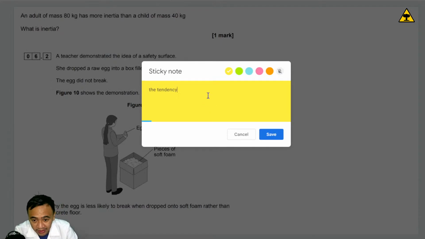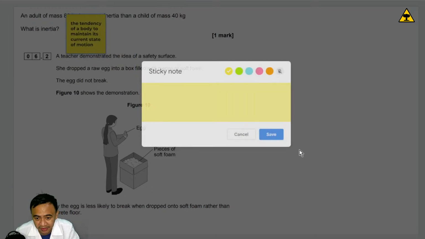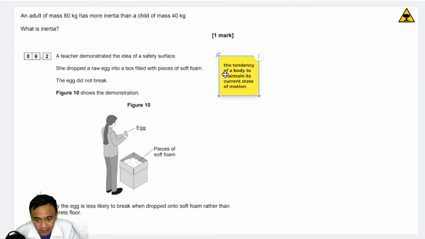Then I would say it like this: tendency of a body or an object to maintain its current state of motion. Again, because it's a definition, this is how I would say it.